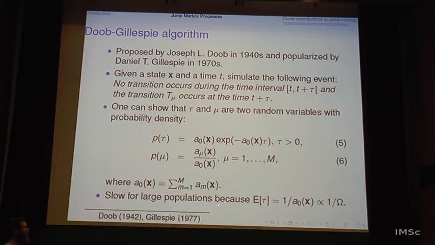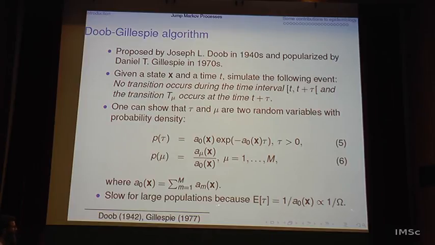Which means that as the population gets larger and larger, if you consider 1 million individuals, you're going to take very small steps. And that's why it's going to take very long to simulate your model. So usually you want to use this algorithm only when you have a small population size. Otherwise, you're going to run simulations for days or weeks.